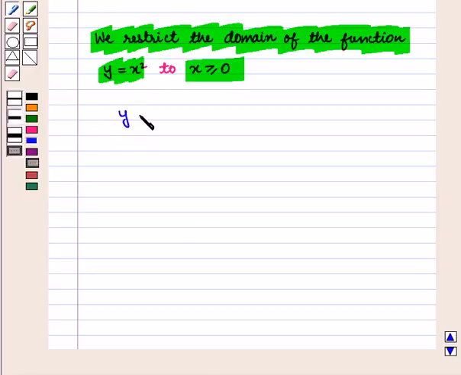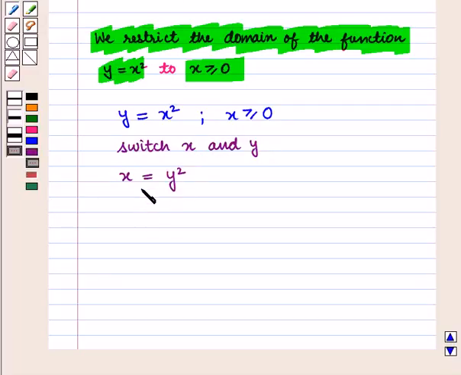Now we have this function y is equal to x square provided x is greater than or equal to 0. Now we switch x and y, and we get x is equal to y square. Now solving it for y, we get square root of x is equal to y.